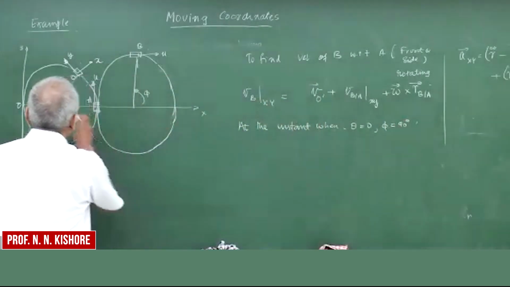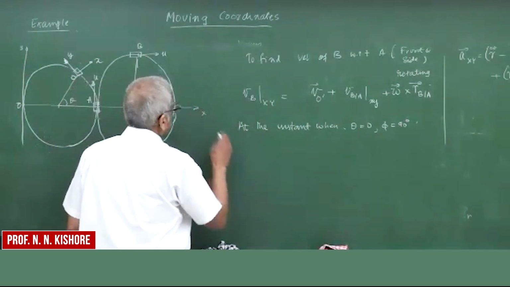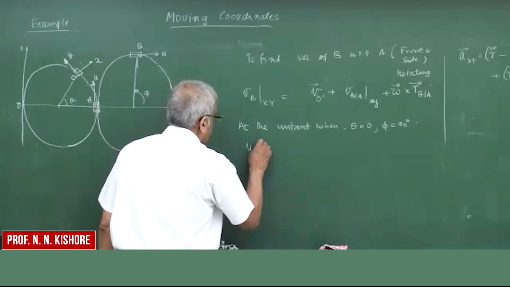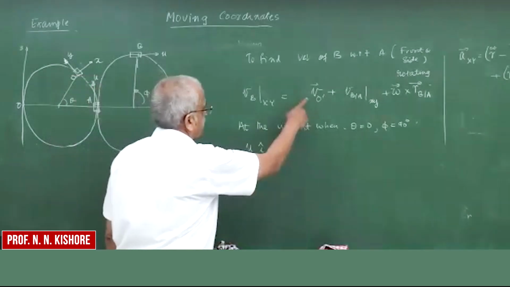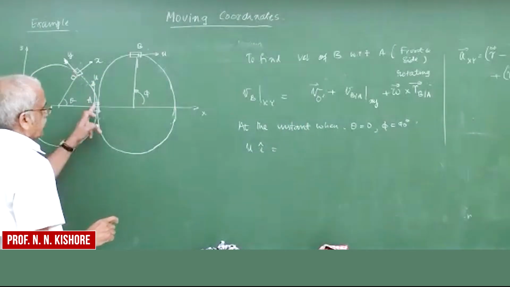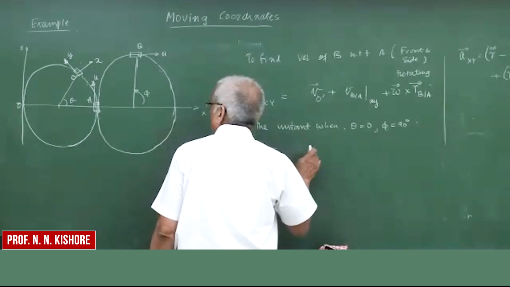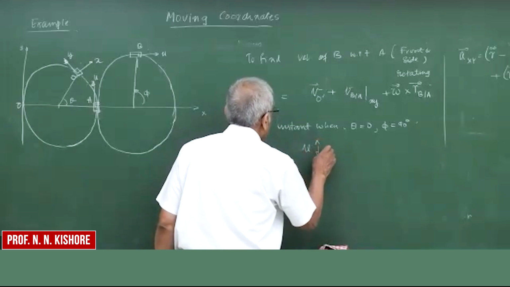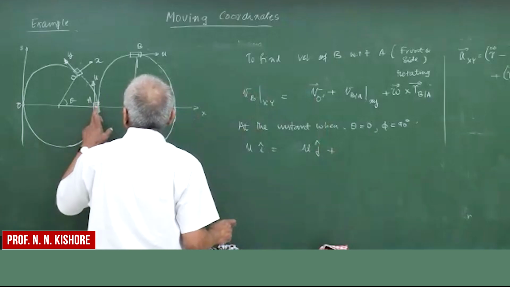So that means it's here, right? What we know here is that VB in an absolute sense is U i, okay, let's put it that way, and the velocity of O prime, if it is at this point, is nothing but U j, right? That's V O prime, and the velocity of B with respect to A.